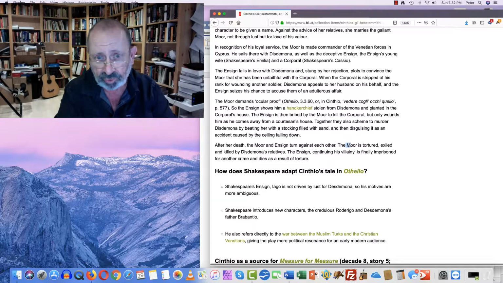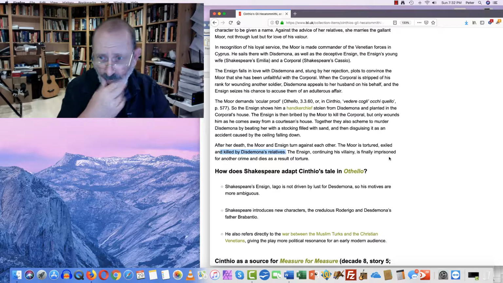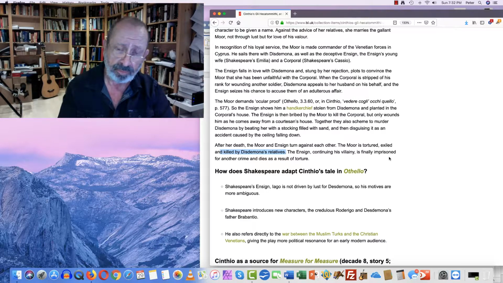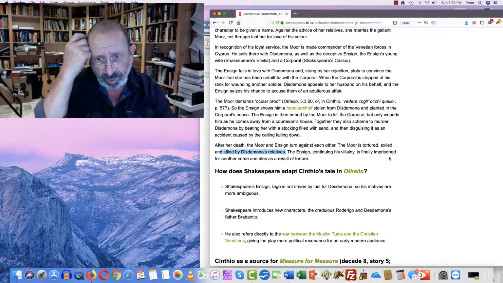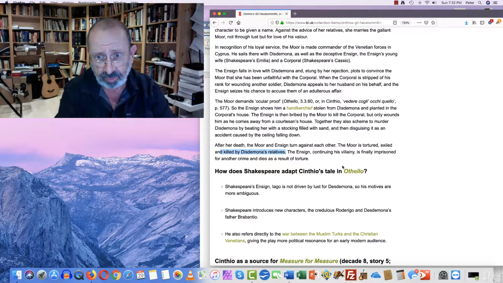The Moor is tortured, exiled, and killed by Desdemona's relatives. Wow. Huge difference, because in Shakespeare, Othello kills himself. The ensign, that is to say the Iago character, continuing his villainy, is finally imprisoned for another crime and dies as a result of torture.